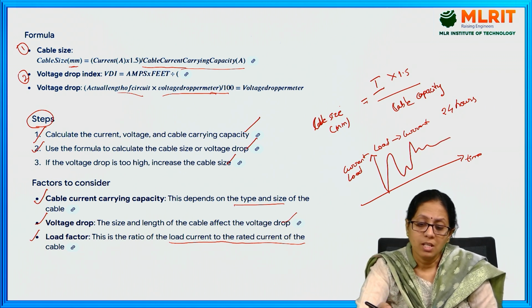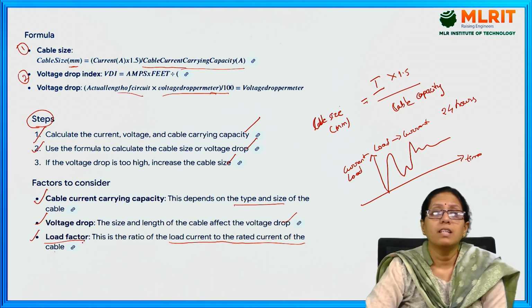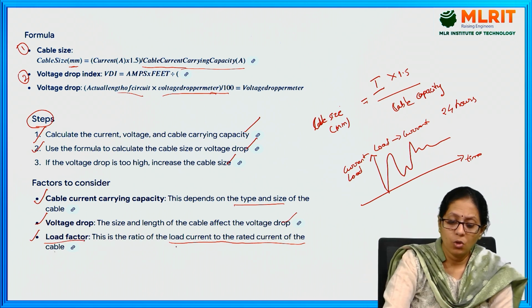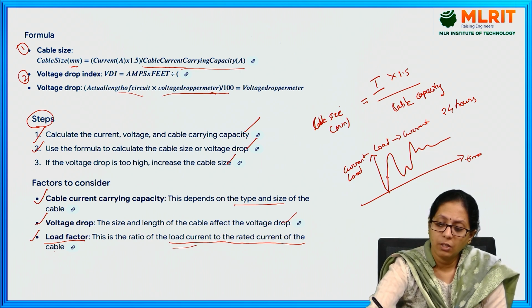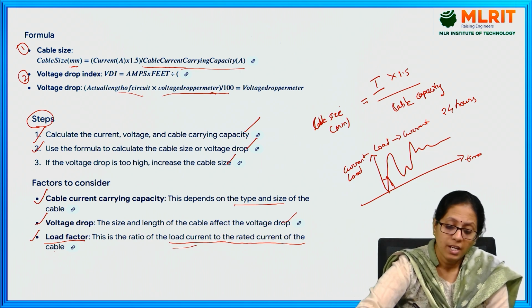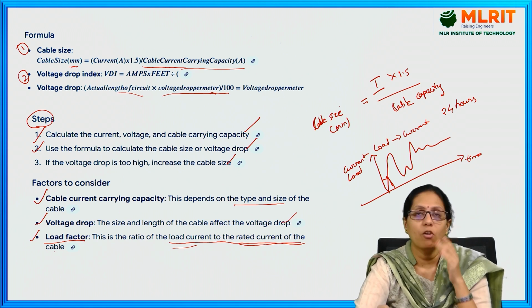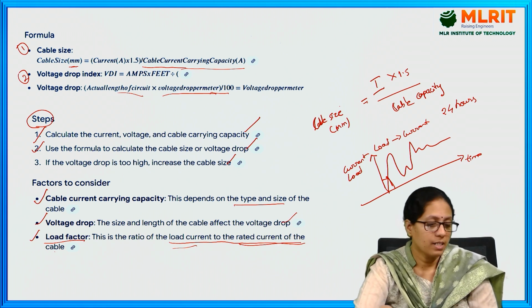So this load factor tells us the ratio of the load current at a particular point to the rated current of the cable, that is the maximum rating of the cable, which decides the load factor.